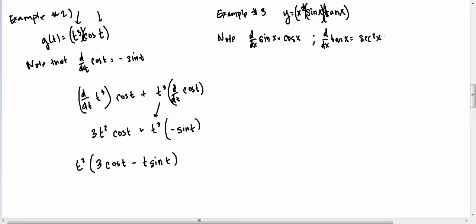All right, now we're going to do the triple product rule, and it's basically the product rule, just with a third thing. So I'm going to take the derivative of the first and keep the second two. And then I'm going to put a plus sign. I'm going to take the derivative of the second thing and keep the first and the third thing.